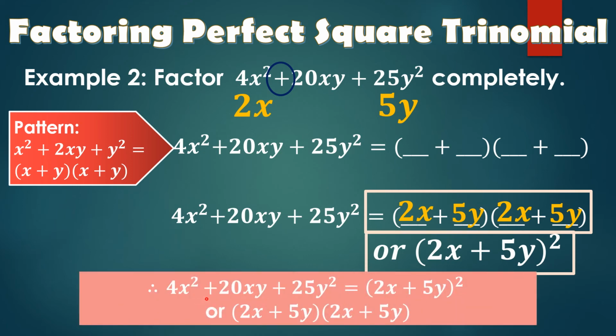Therefore, 4x squared plus 20xy plus 25y squared is equal to the square of 2x plus 5y, or the product of 2x plus 5y and 2x plus 5y. Tandaan, ang pattern na ito ay applicable lamang sa perfect square trinomial.